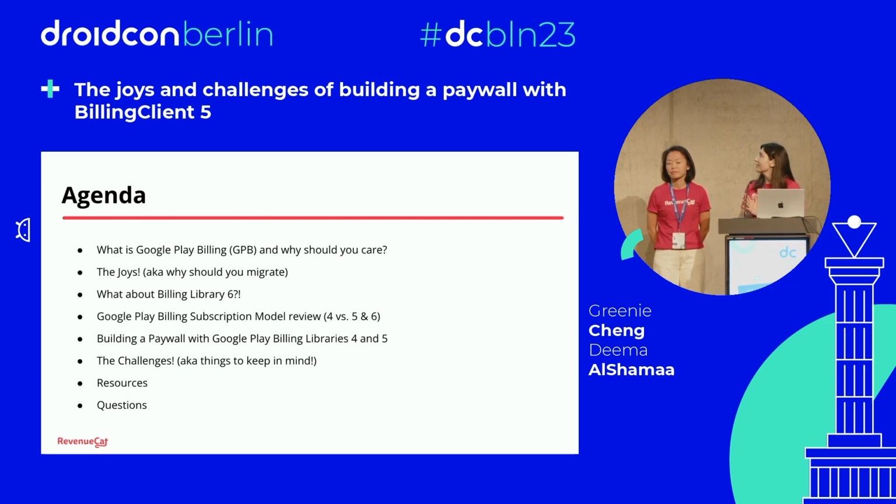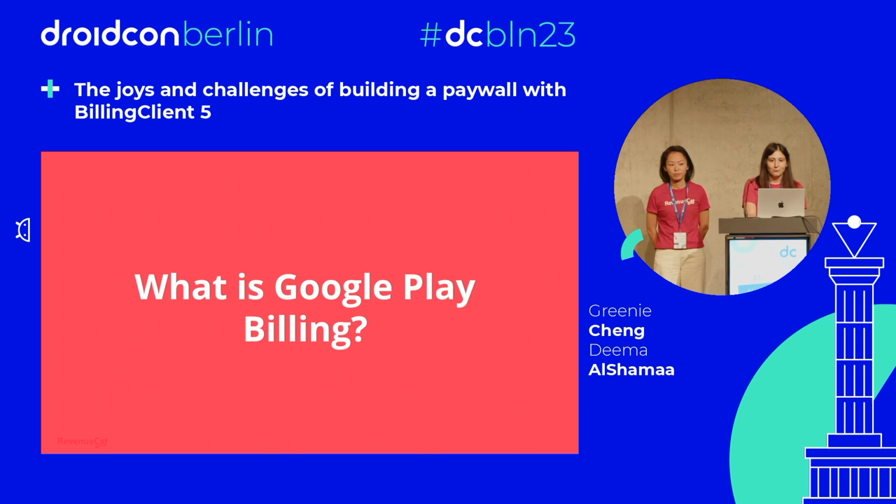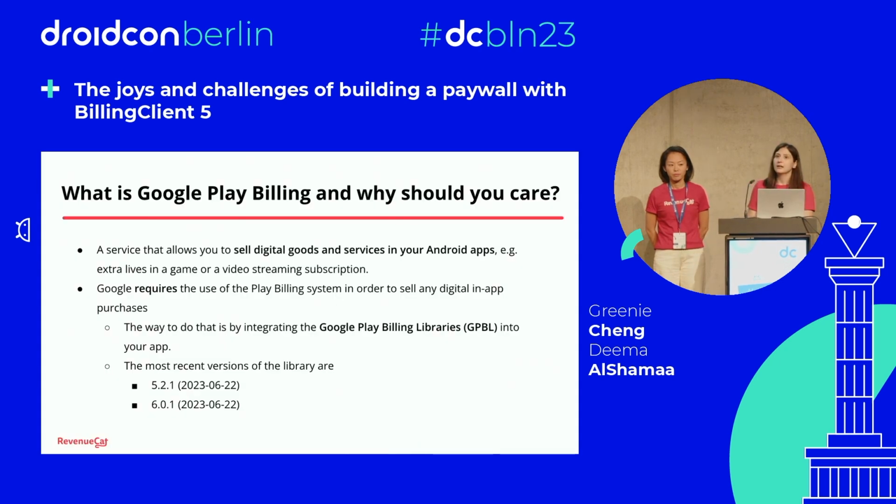After that, I'll talk a little bit about the subscription models, how they're different, and then I'll hand over to Greenie, who will go over the code and show a paywall in V4 and how it got migrated to V5 and any little things there. At the very end, I wanted to bring up some of the challenges that we faced at RevenueCat when we did the migration.